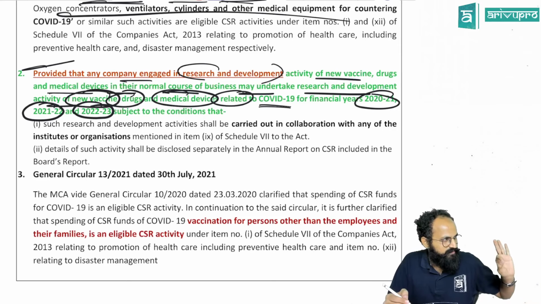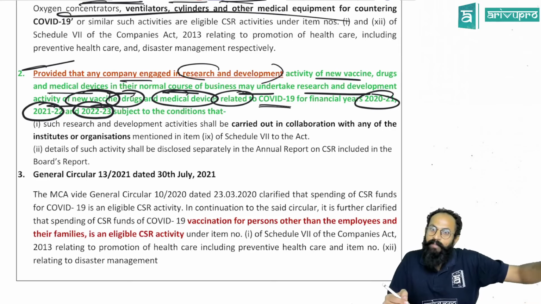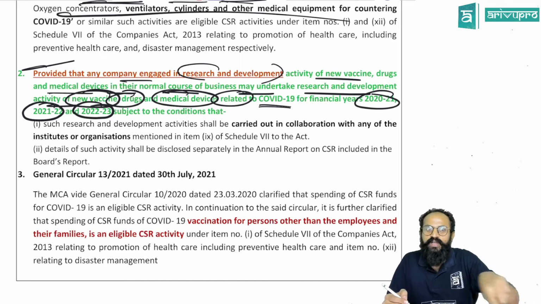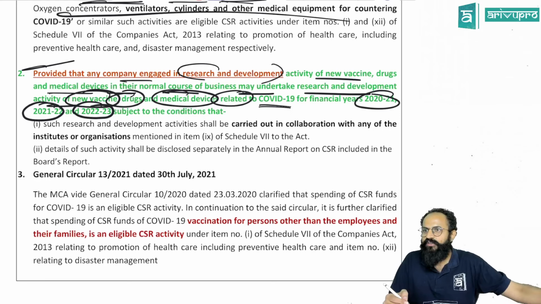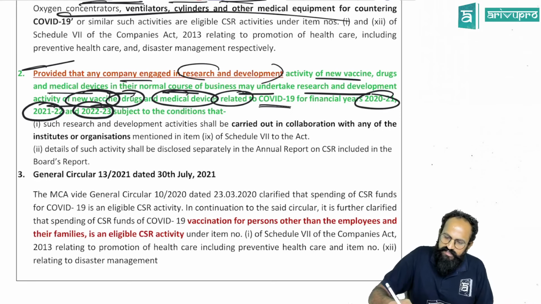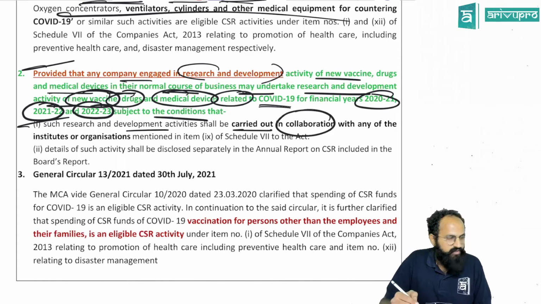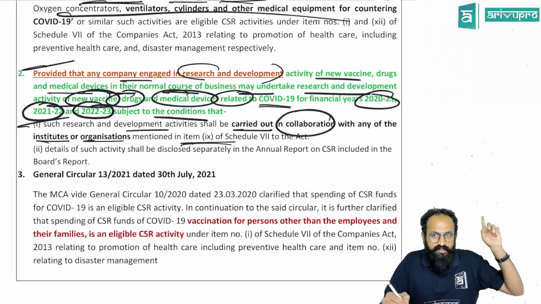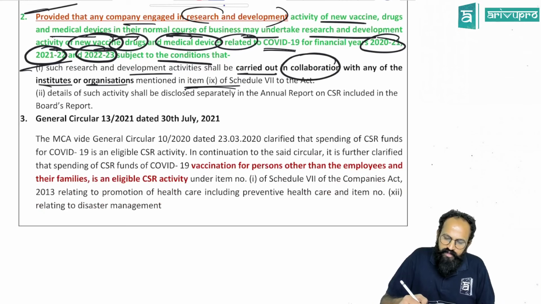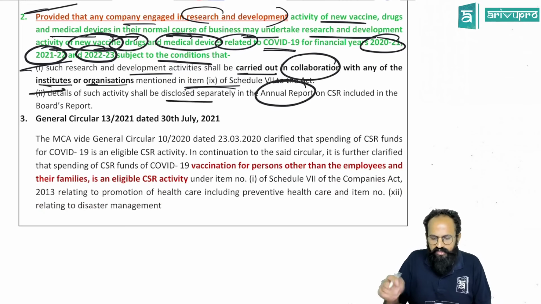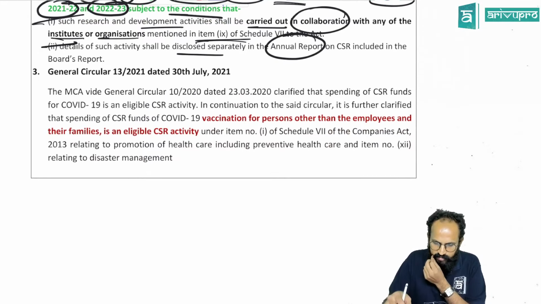Three years was given. From next year, Bharat Biotech, even if you're doing research and development, you have earned sufficient, spend it on the society. Is that clear? Subject to the condition that I told you, such research and development activity shall be carried out in collaboration with any of the institutes or organizations mentioned in Schedule 7. We saw ICMR. Details of such activity shall be disclosed separately in the annual report on CSR. Okay, we'll see what is that. Annual report will be seen later.